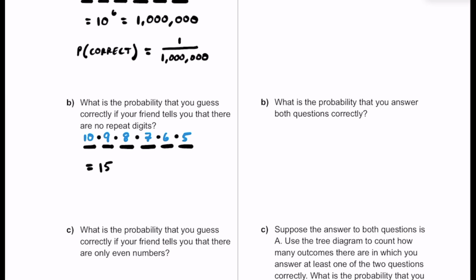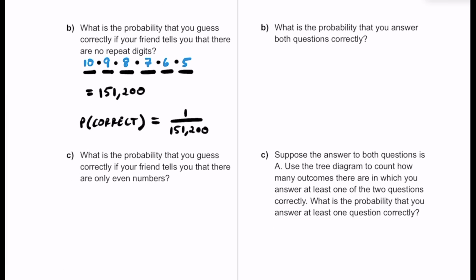This is going to be 151,200. So what's the probability of being correct here? I hope it makes sense that you have a much higher chance of being correct because there are fewer possibilities. It's going to be 1 in 151,200. So your odds are significantly better, but it's still pretty unlikely that you would get it correct here.